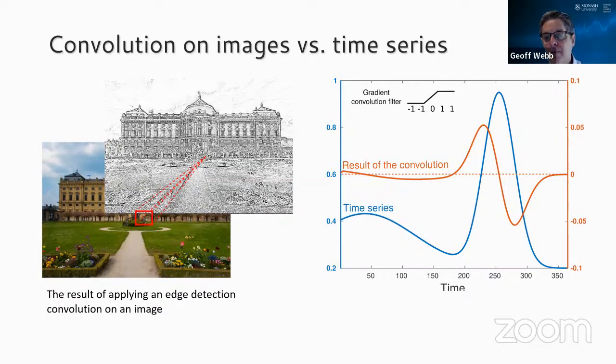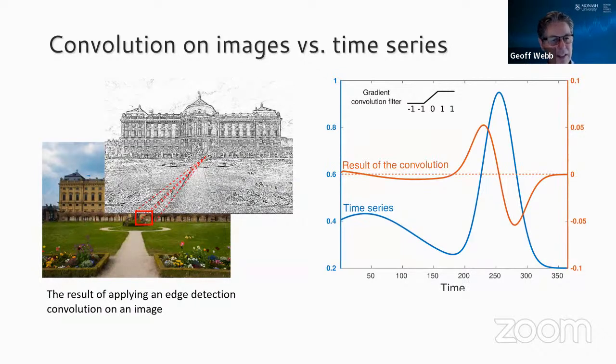The underlying mechanism, or the key mechanism that Rocket relies on, is the convolution, a technique which has been popularized in deep learning. So you may be familiar with the idea of convolutions as applied in images.